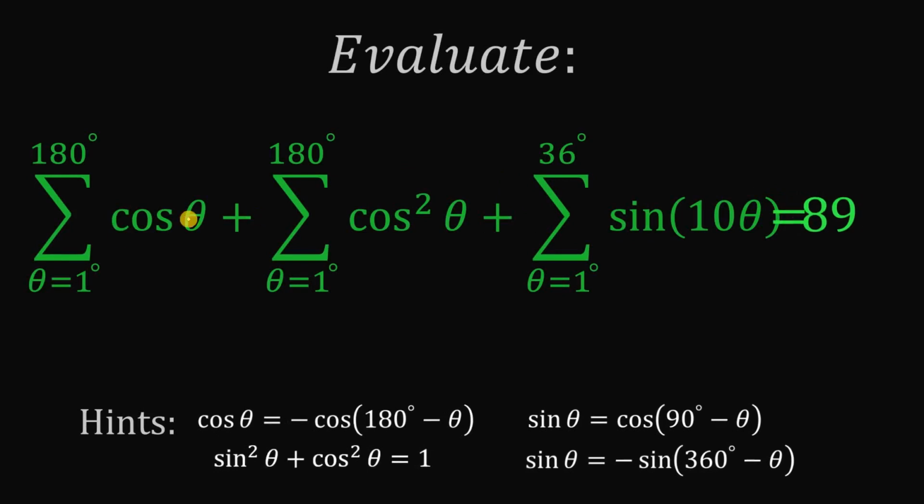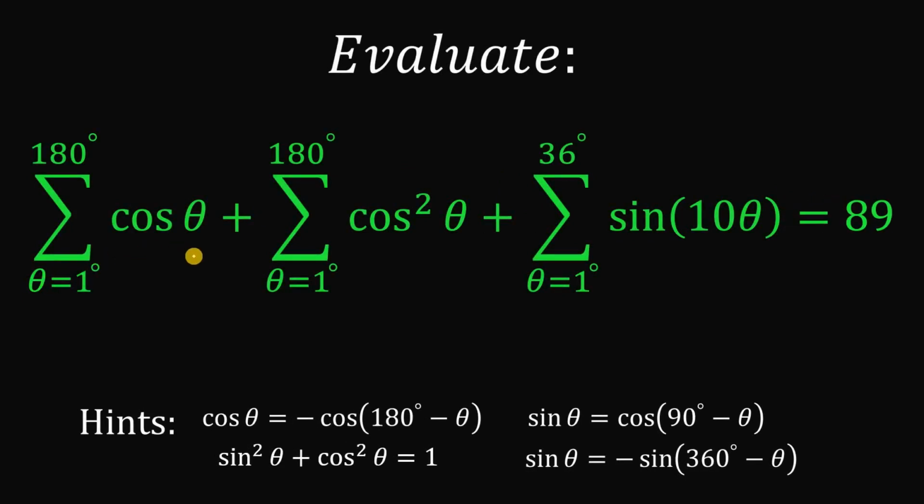Therefore, what is the value of the summation of cosine theta, wherein theta goes from 1 degree up to 180 degrees, plus the summation of cosine squared theta, wherein theta goes from 1 degree up to 180 degrees, plus the summation of sine of 10 times theta, wherein theta goes from 1 degree up to 36 degrees? Our answer is 89.